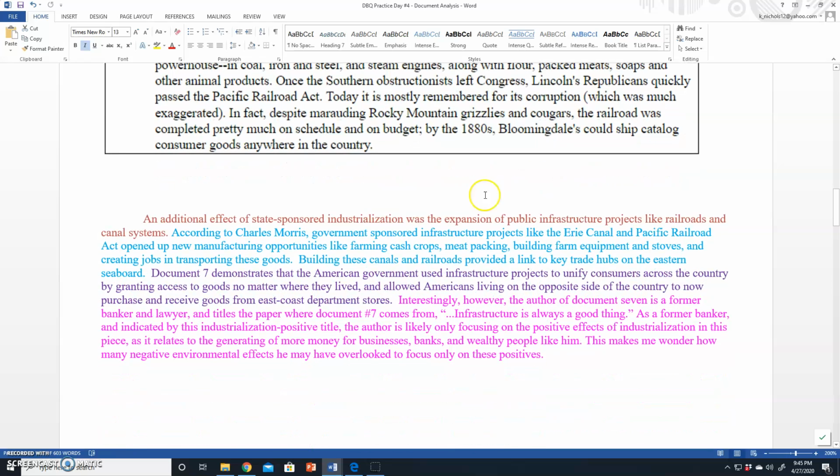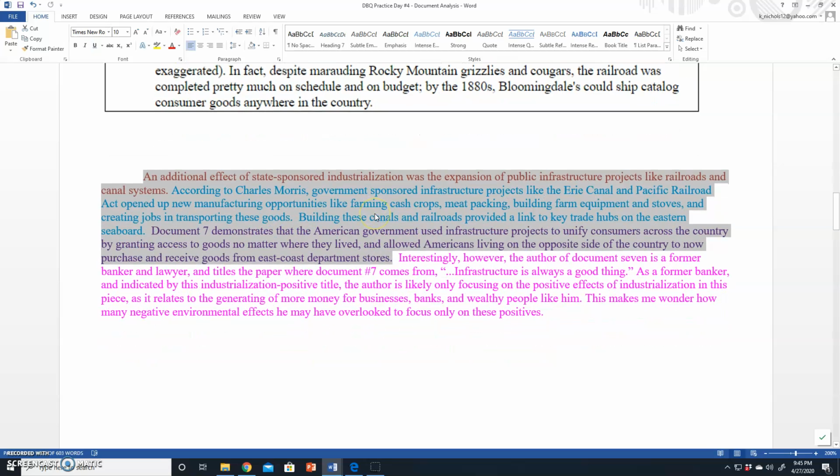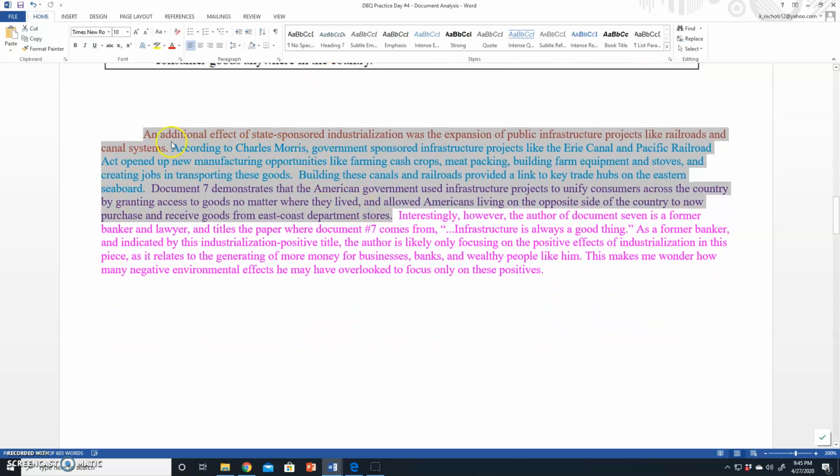Okay, what I've done here is copy and paste in my paragraph on this document so far. What did I have? I have a topic sentence that talks about the public infrastructure projects like railroads and canal systems. My next part, I basically got specific. I pointed in where he talks about the Erie Canal, the Pacific Railroad Act, the benefits of it, the different job opportunities it's opening up, and finally how it's providing a link to key trade hubs on the eastern seaboard.